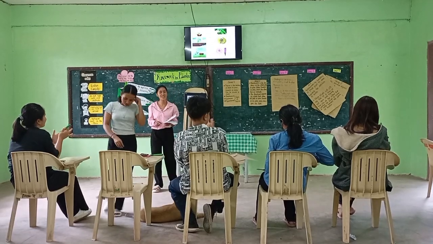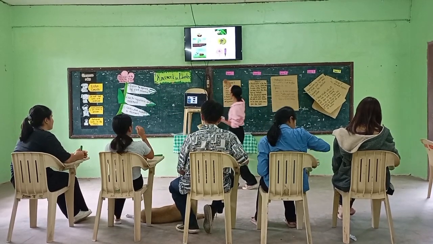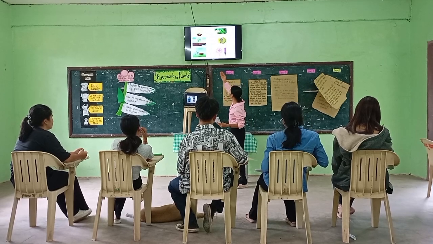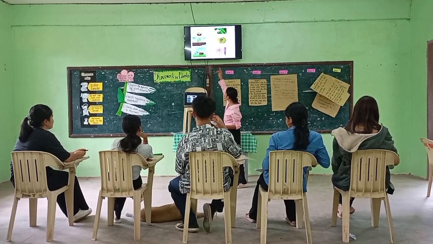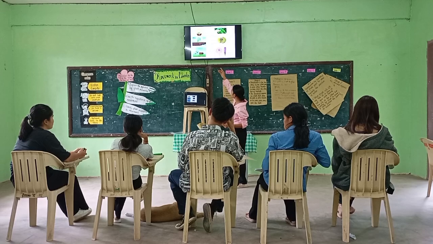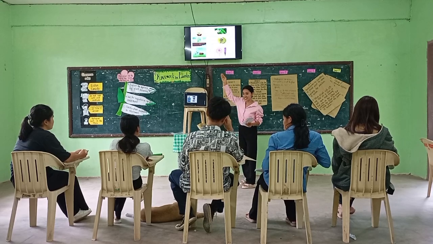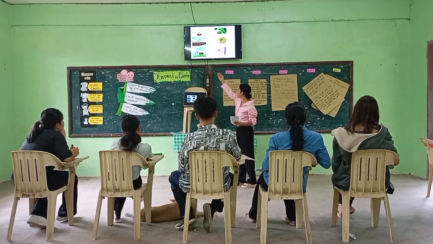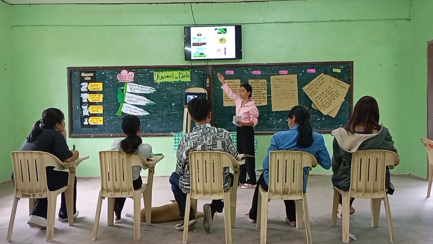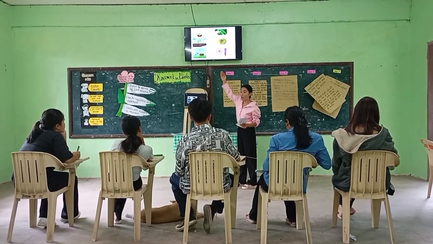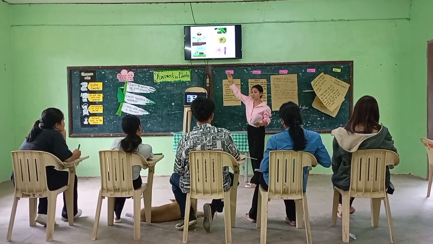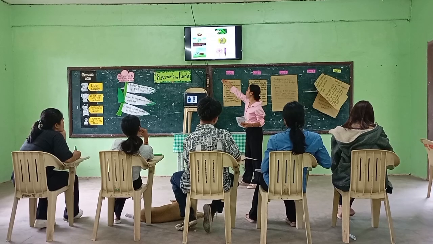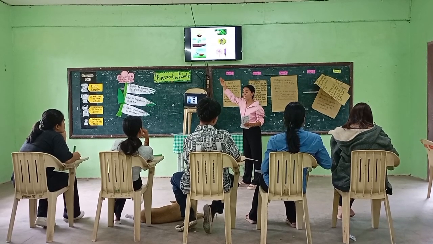Wow, very good. Okay, now, as you can see, class, the movement is called tropic. The first picture shows the stimulus called light. And the second, as you can see, is hydrotropism, the direction toward water. That is the stimulus. The next picture is geotropism, the direction toward gravity.